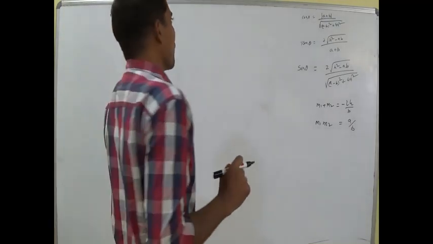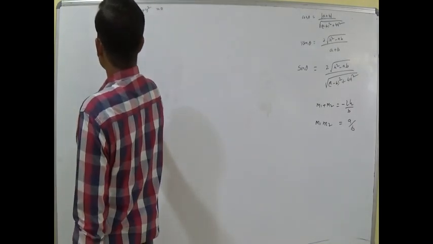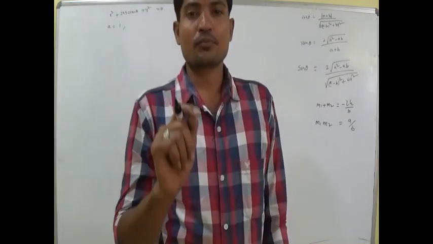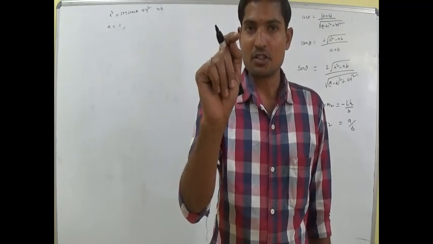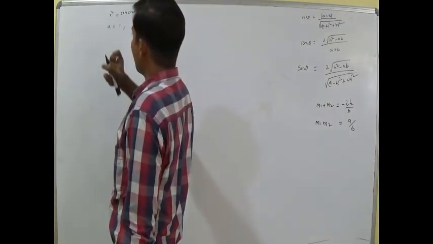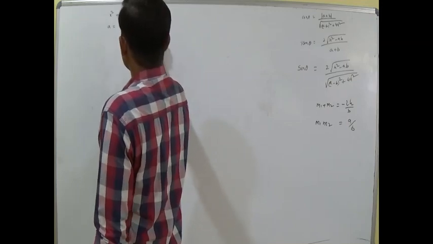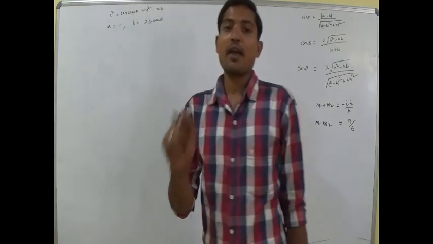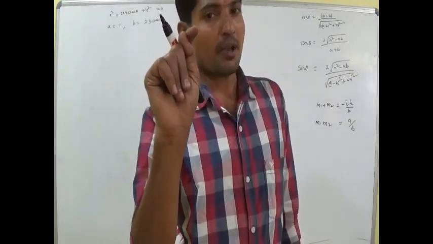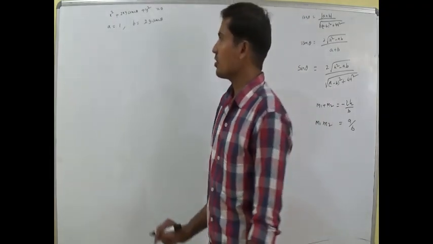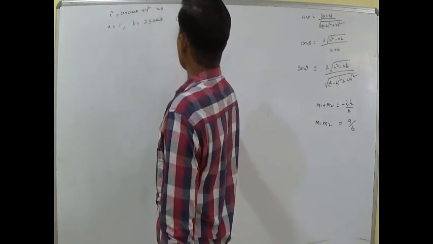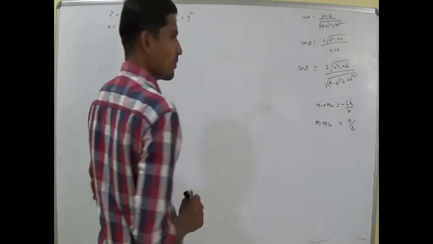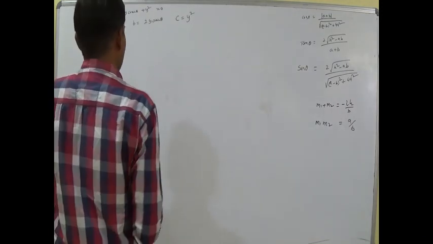Here, comparing with ax square plus bx plus c equal to 0, a is equal to 1, b is equal to 2y cosecant theta, and c is equal to y square.